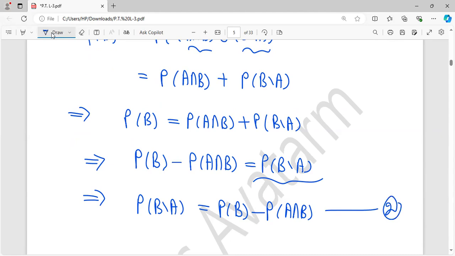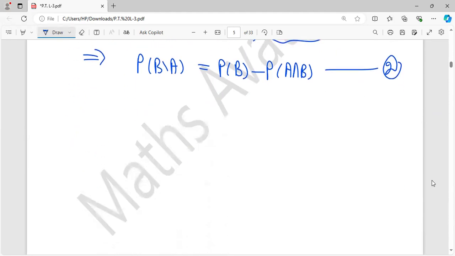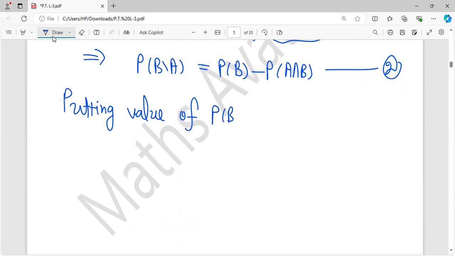So let's see. From 1 and 2, what we have? Putting the value of B minus A from 2 in 1, what do we get?